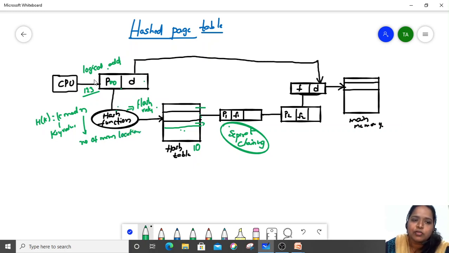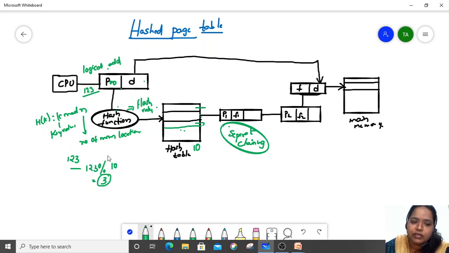So 123 mod 10 gives us 3. What does the 3 mean? This 123 is going to be stored at the third frame. This is how we make use of the hashing table.